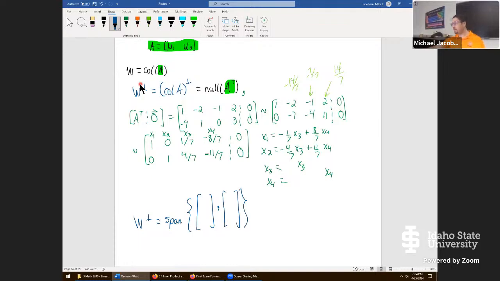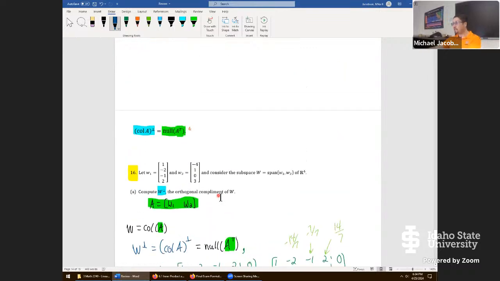These are in R4. And instead of saying what X is, I'm just going to grab the entries. -1/7, -4 sevenths, 1 and a 0. Next, it's 8 sevenths, 11 sevenths, a 0 and a 1.